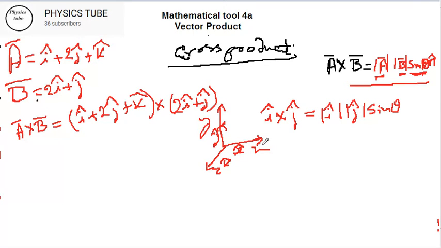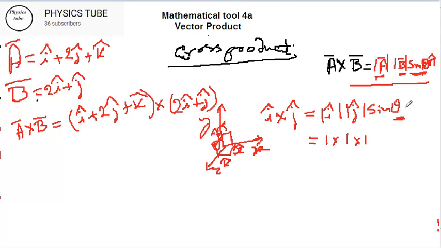So if you talk about I, j and k in the coordinate system, I and j always have 90 degrees between them, j and k have 90 degrees between them, and k and I also have 90 degrees between them. That means this angle is going to be 90 degrees, and sine 90 is going to be 1. That means the magnitude of unit vector I is 1, into magnitude of j which is also 1, and sine 90 is also 1.